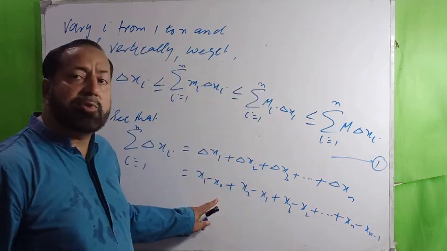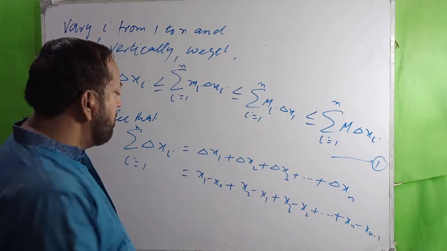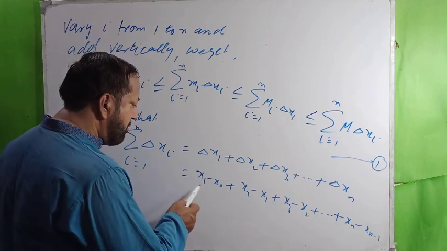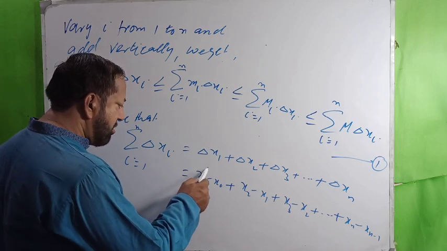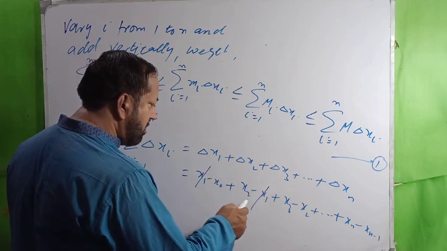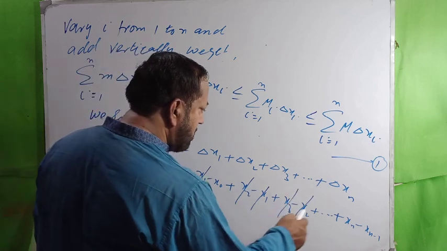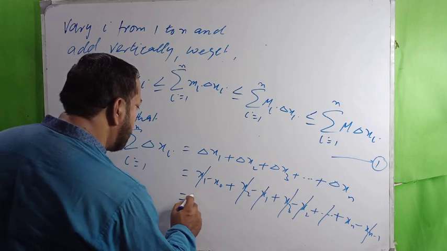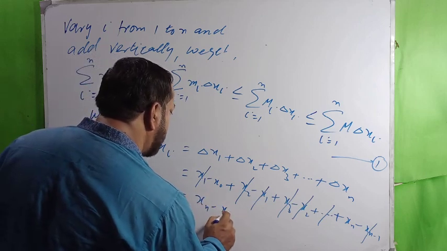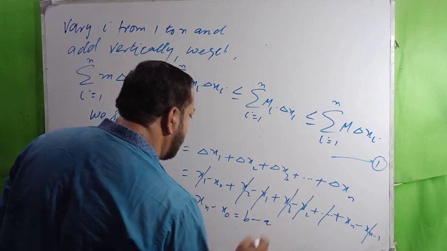You know, this is the telescoping sum. Okay, because if you see with the help of a telescope, you can see that these are cancelled, these are cancelled, these are cancelled. So that's why we are getting xn minus x0, which is b minus a.